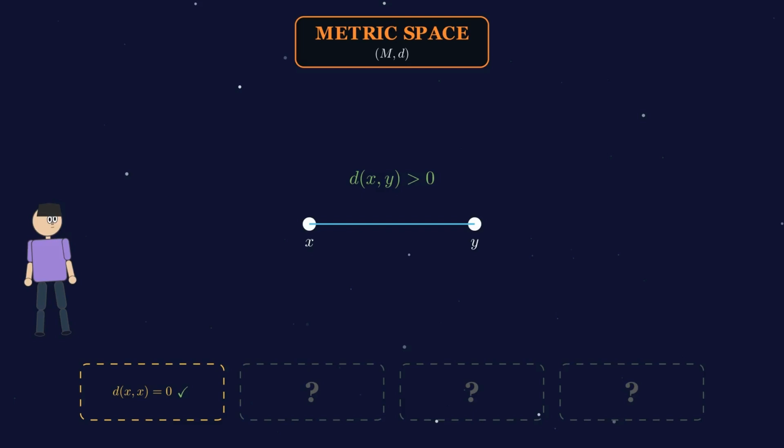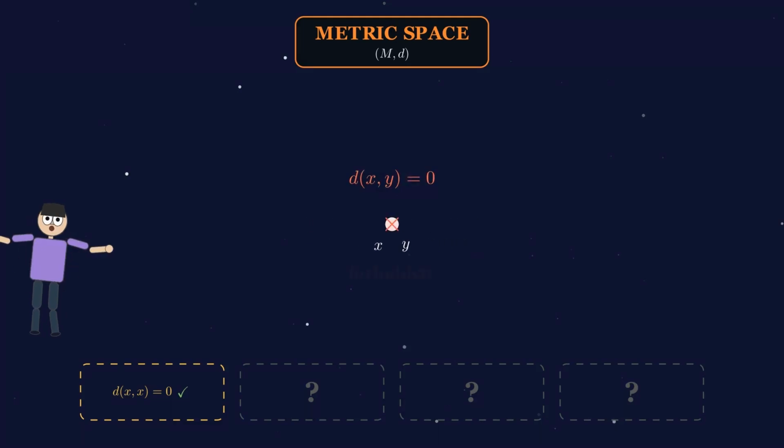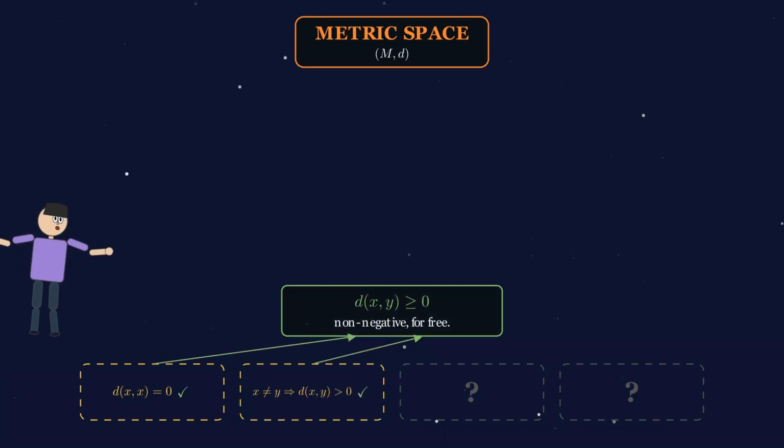So different things are always at least a little bit apart. Now picture breaking this promise. 2 separate points could sit 0 apart, as if they were secretly the very same point. The whole idea would fall over. So we don't allow it. And quietly, those first 2 promises together hand us something nice. Distance can never be a negative number. You simply cannot be less than nothing apart.